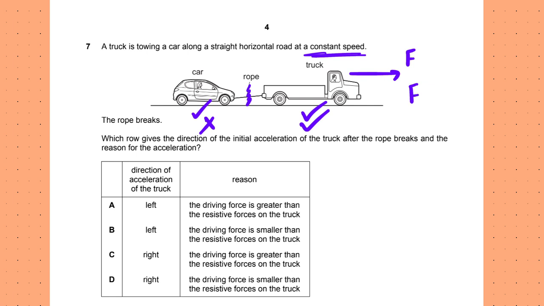So the same force, mass goes down, so obviously acceleration goes up, and the force was in this direction, so the acceleration would also be in that same direction. So the direction of acceleration of the truck is to the right, and the reason is the driving force is greater than the resistive forces, that's how it will accelerate. If the resistive forces are more, it would decelerate, right? And in that case, the acceleration would be to the left. So the answer to this one is C.